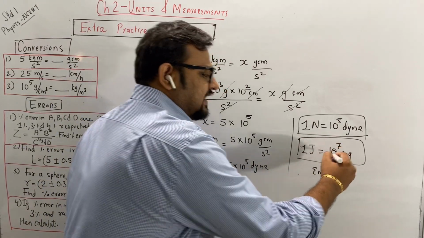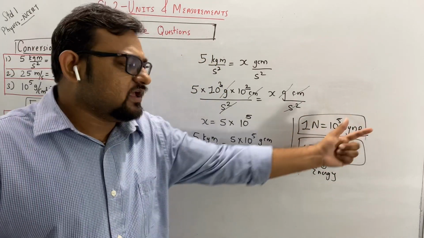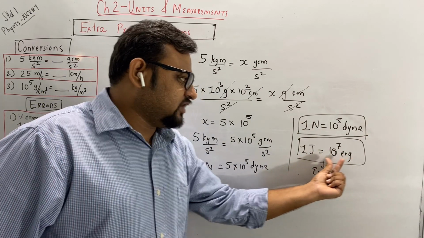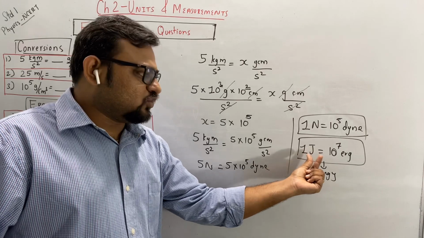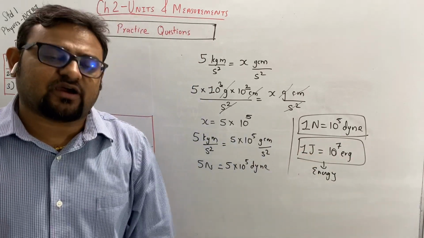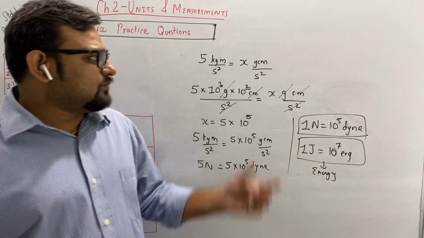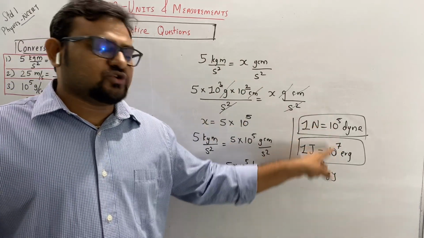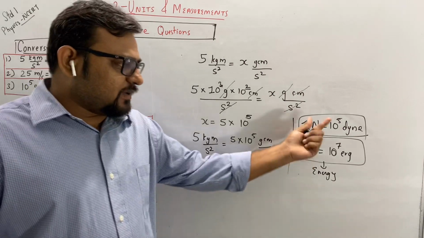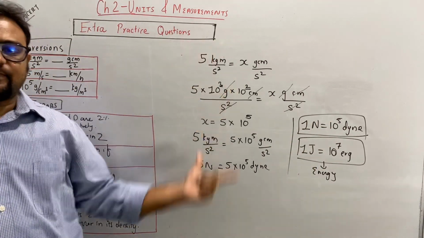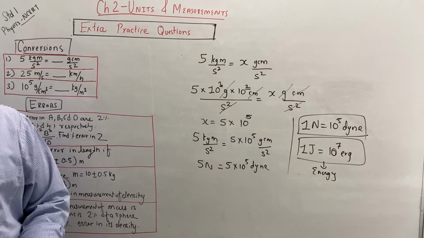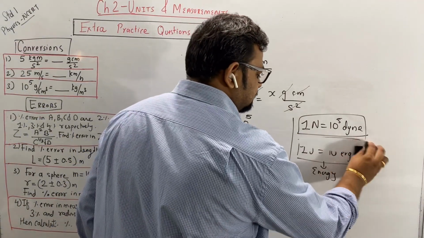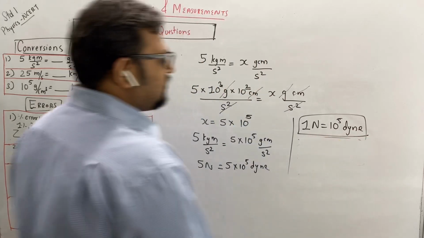Just as 1 Newton equals 10 raised to 5 dyne, if you want to convert joule into erg, this is the CGS unit, this is the SI unit. So 1 joule is equal to 10 raised to 7 erg. Clear? So next time, no need to do this calculation if there is a conversion from Newton to dyne or joule to erg; use the direct value. And if you don't remember, then this is our basic method. Clear? So just note this down. Let me erase this.